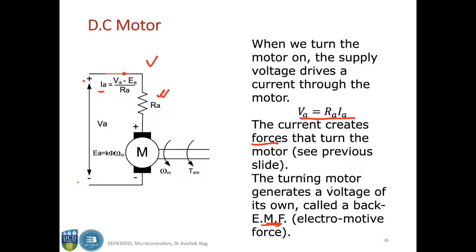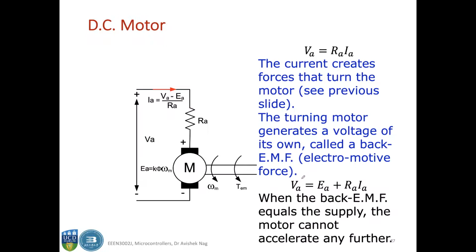So whenever you have this current, the current creates forces that turn the motor, and then the turning motor generates a back EMF. So this back EMF EA tries to oppose this voltage VA, okay.